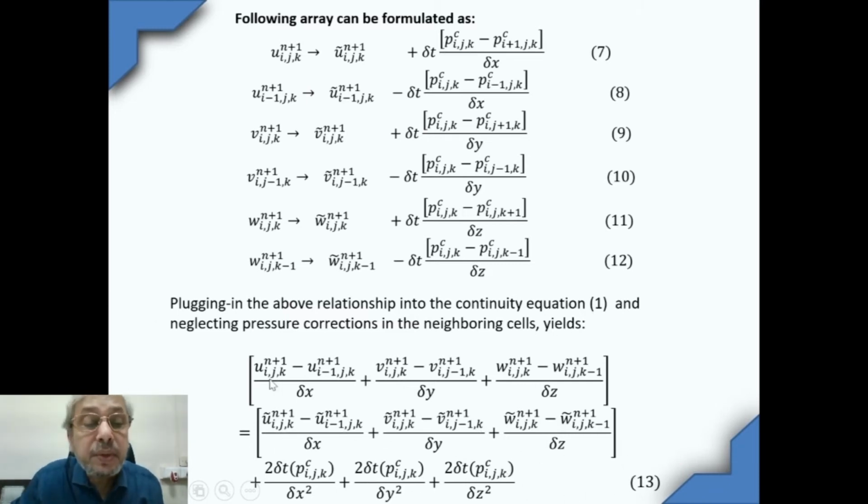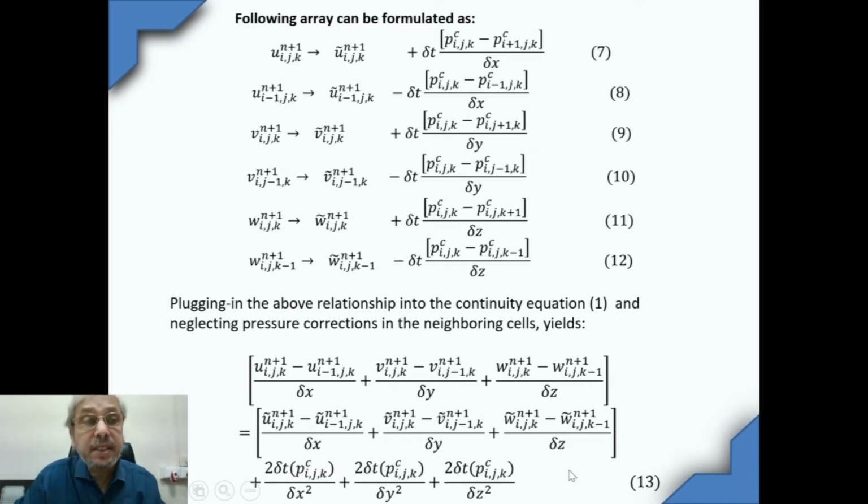Now you see we have written a special attribute: neglecting pressure corrections in the neighboring cells. So we just retain the pressure correction at the ijk cell. The pressure corrections at i plus 1 jk, i minus 1 jk, ij plus 1 k, ij minus 1 k, ijk plus 1, ijk minus 1, we are neglecting.